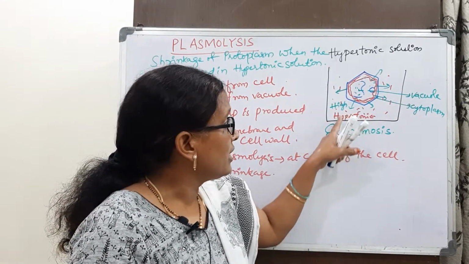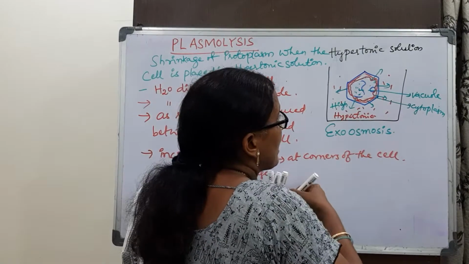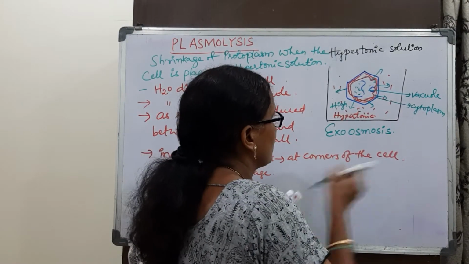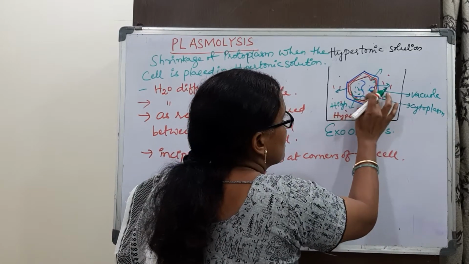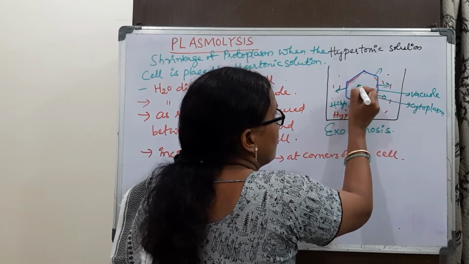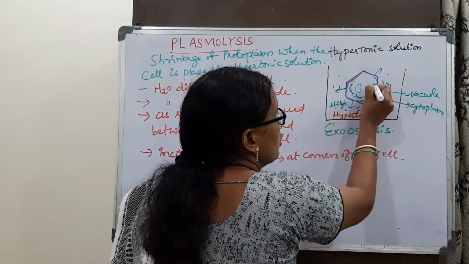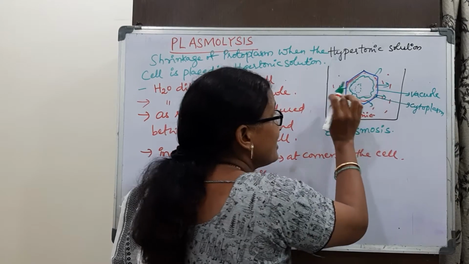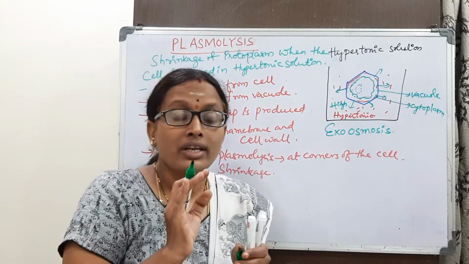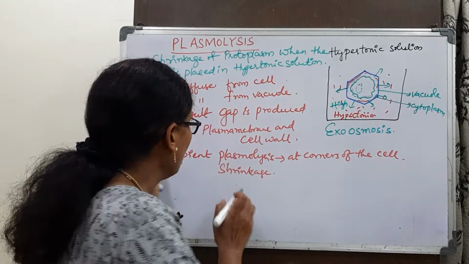So ultimately the protoplasm, the plasma membrane, is going to shrink. Ultimately the vacuole size will decrease. This shrinkage starts in the corners. When it is observed at the corners, that is called incipient plasmolysis.